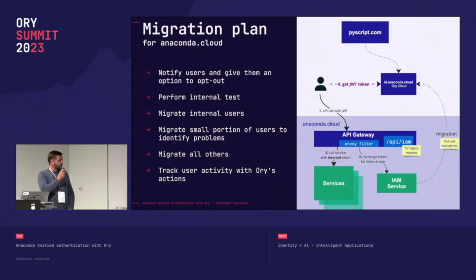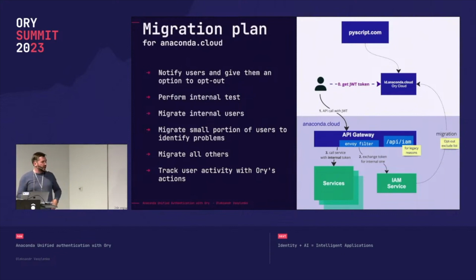We planned the first migration on our staging and then started migrating internal users. We made some small adjustments to user experience and during the login flow. Then we migrated a small portion of users, identified if there were any complaints, and migrated all others. I think everything went mostly smoothly.